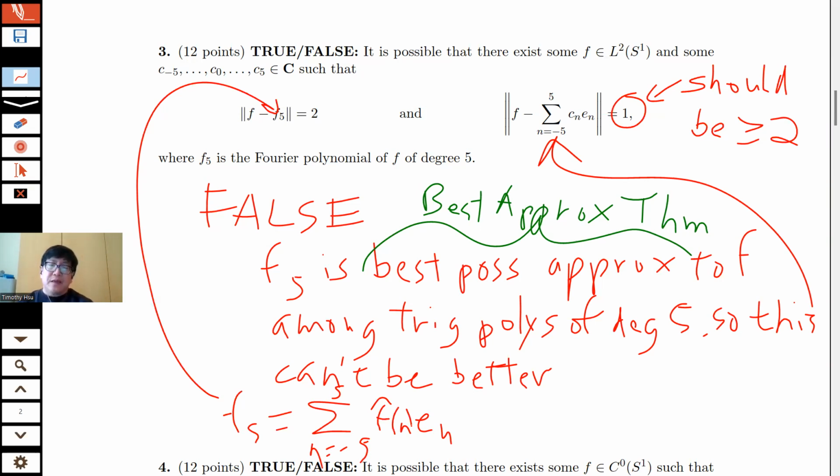And so the C_n is just something else. It's some other random approximation. So again, the best approximation theorem says that a random approximation cannot possibly be better than the Fourier approximation. Yeah, that one takes a little thinking to make sense.